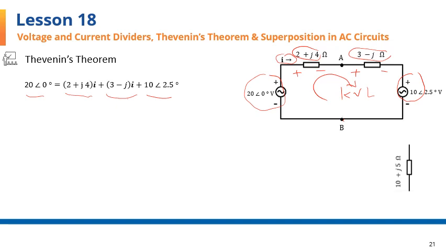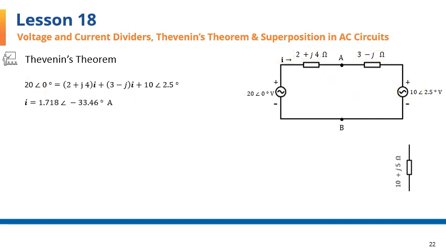The three of them added together should add up to the size of the voltage rise. We have an equation in I which can be easily solved, and I is calculated to be 1.718 amps with negative 33.46 degrees. The goal was not just to find I; it will be used to allow us to calculate VAB.